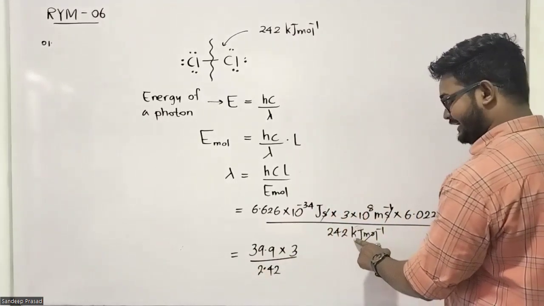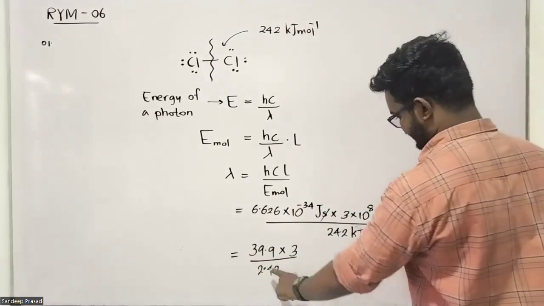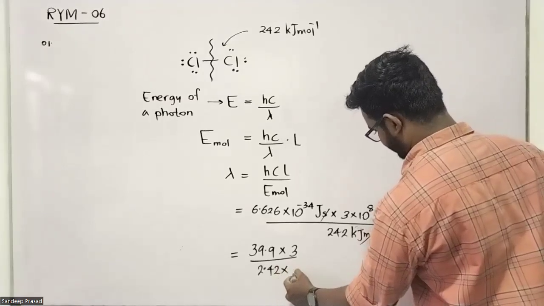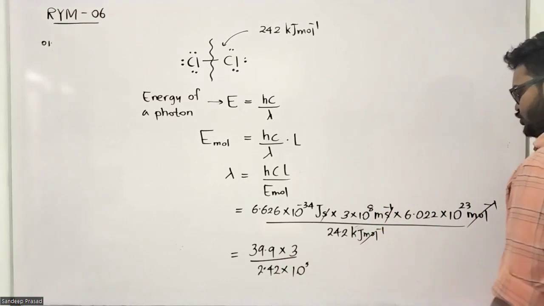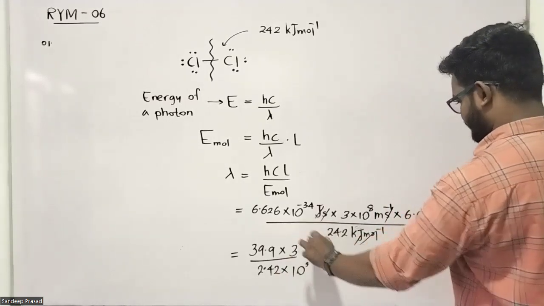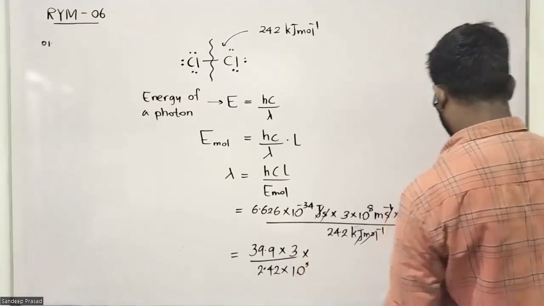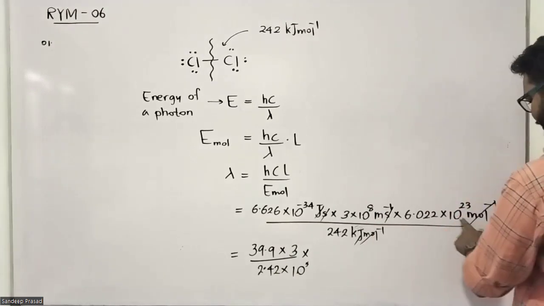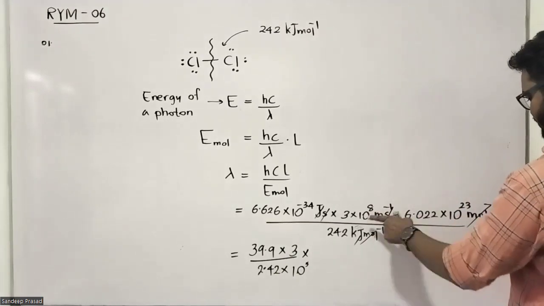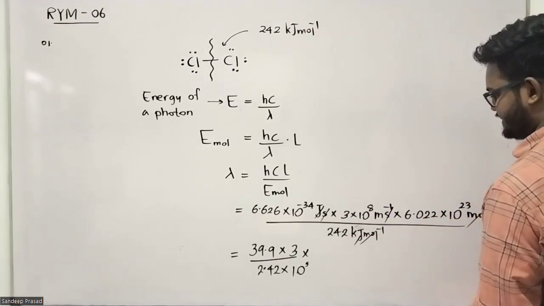Kilo means 10 to the power 3, so 2.42 can be written in this way, and then here we have 10 to the power 5. Joules will cancel off. And in the numerator, what are the 10 to the power values we have? We have 10 to the power 8 and 10 to the power 23. So the summation is 10 to the power 31 minus 34. Therefore 10 to the power minus 3.